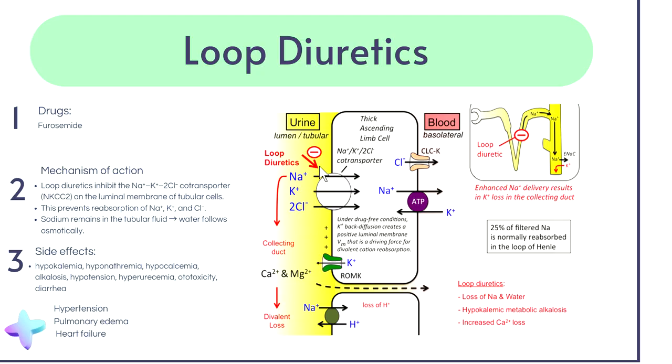Meanwhile, here we have one typical paracellular transport. Paracellular means it's happening between the cells, of calcium and magnesium. Because we're going to interfere with this co-transporter with the loop diuretics, this transporter of calcium and magnesium is also going to be disturbed.